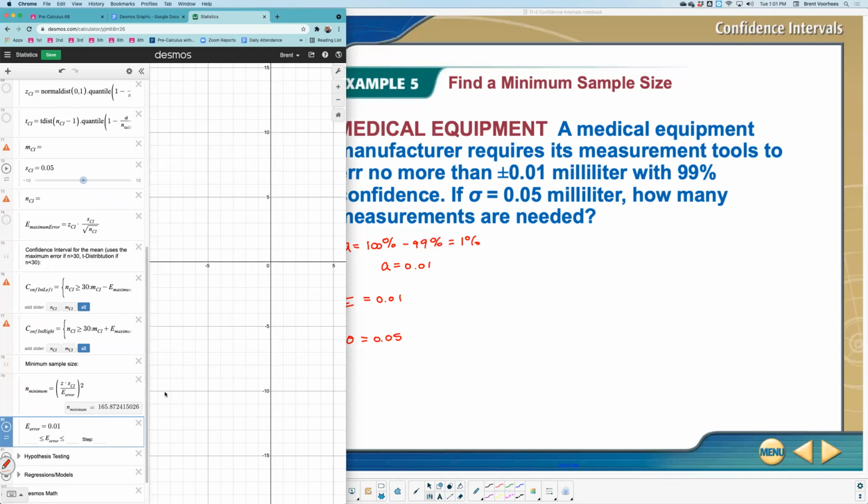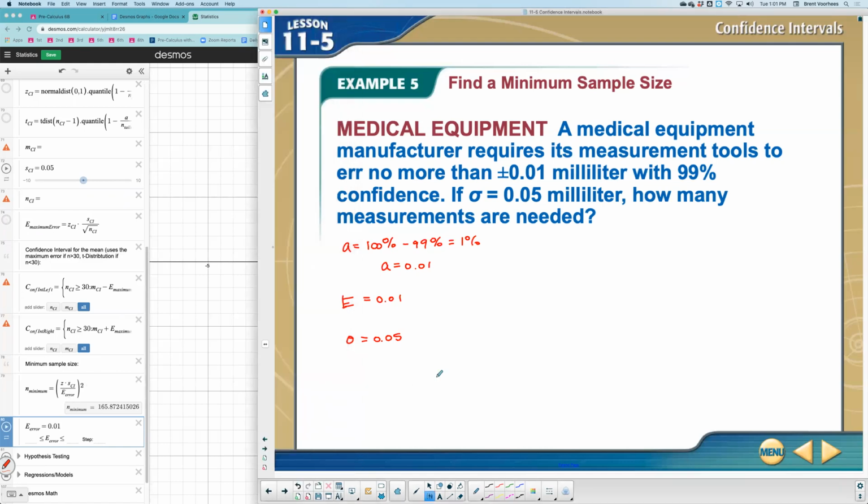What it does is it takes the z value, again for the 99th percentile, multiplies it by the standard deviation, divides it by that error, and then squares the whole value.